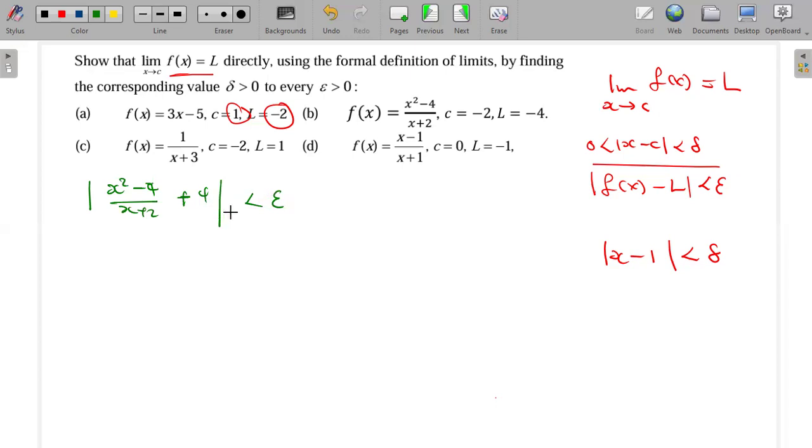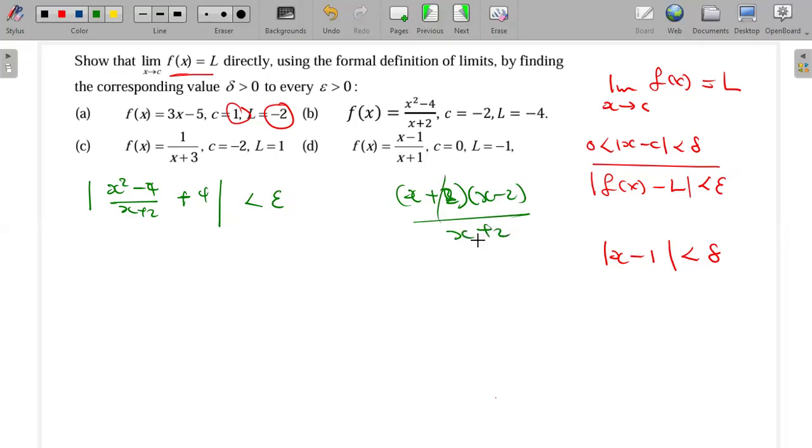Now, notice that we could factor this out as a difference of two squares, which is just going to give us x plus 2 times x minus 2, over x plus 2.